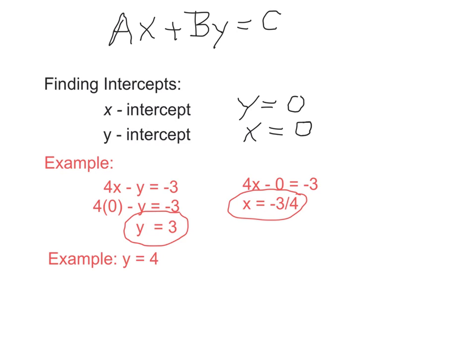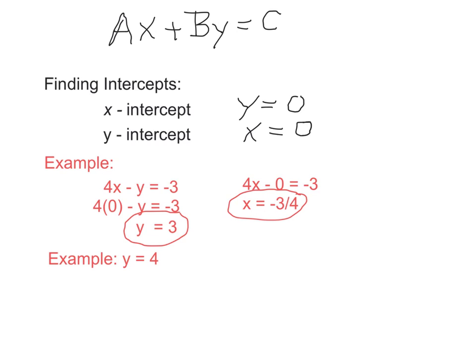So now, how would I graph the equation y equals 4? Notice there's no x in this equation. There's only y equals 4. So what does that tell us about x? Well, there are basically no restrictions on x because it's not even in the equation. So x could be any value, but regardless of what value we pick, y is always going to be equal to 4.